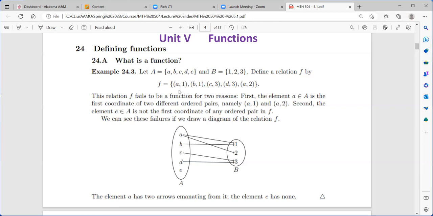We don't see E in the first coordinate of the other pairs in F. And you can clearly see in the diagram also that the element E does not have any arrow going out toward the set B, and that's not allowed. For a function, each element in the set A must have a correspondence in set B. All right.